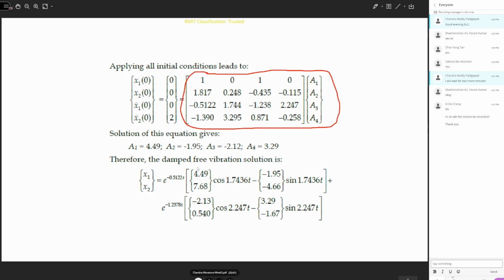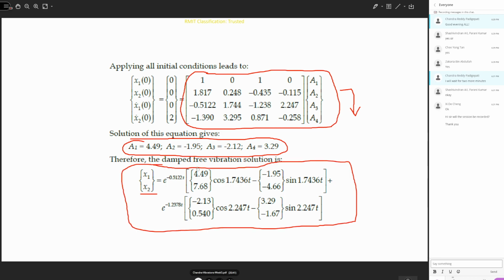If you solve this matrix, you will get the 4 values for the 4 constants, and substituting these constants into the expression gives you the complete response of the system, the free vibration response of the system.